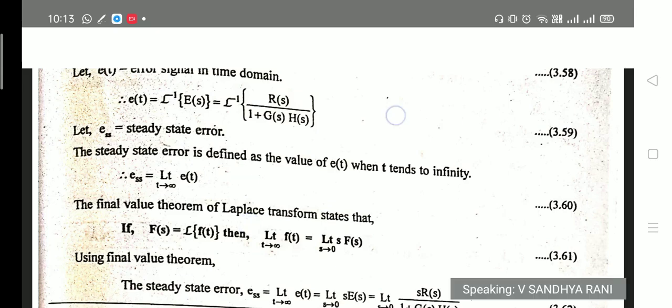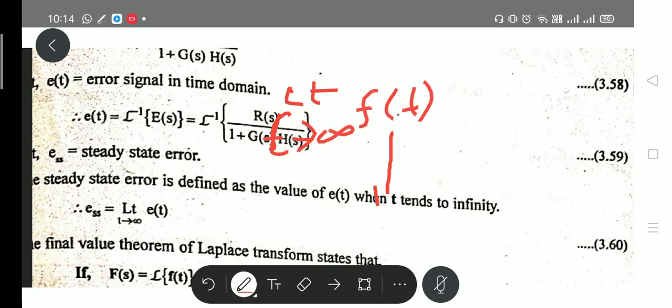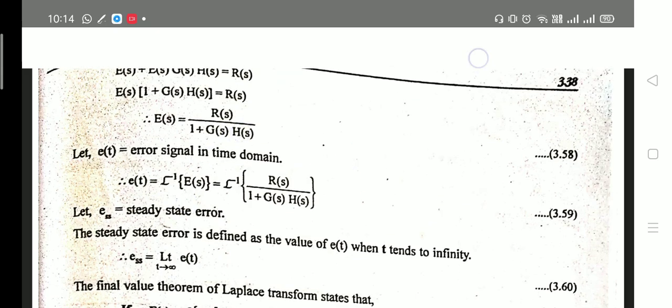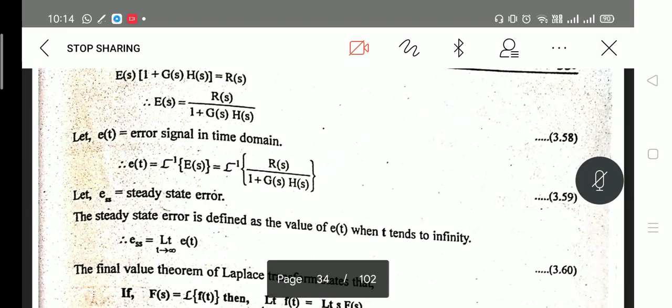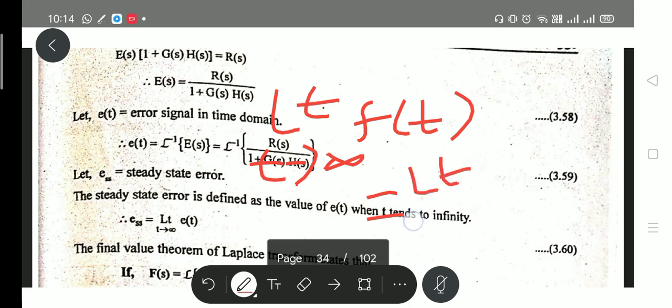The final value theorem: limit t tends to infinity of f of t is equal to limit s tends to 0 of s into F of s.